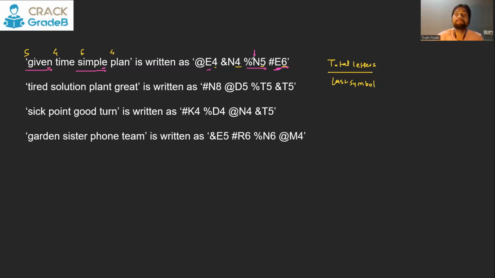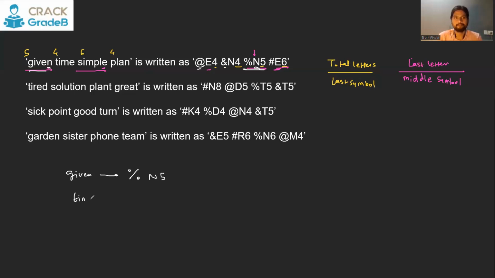That means the middle symbol used is for the last letter. And lastly, about the symbol: for given, the code, because it has N at the end and it has a total of 5, given has percentage and 5 as the code.